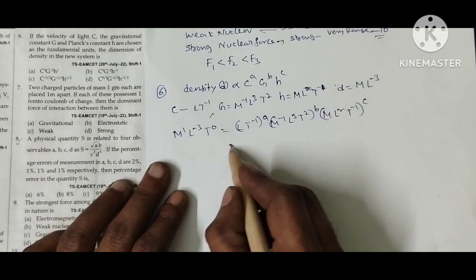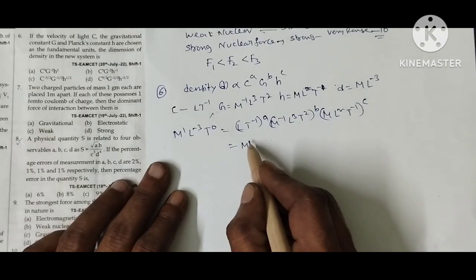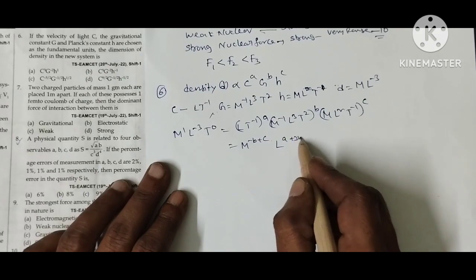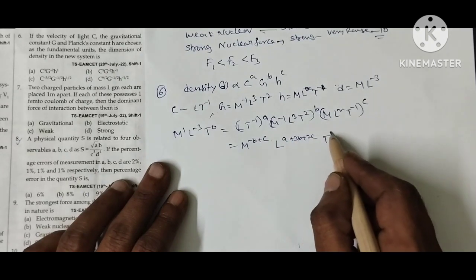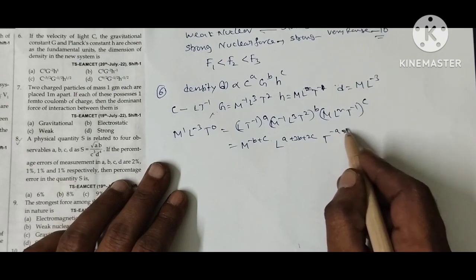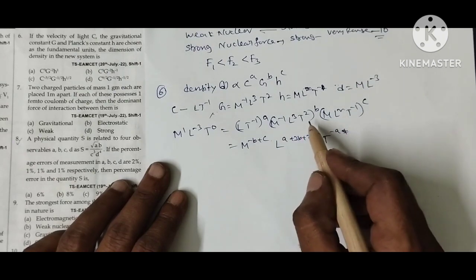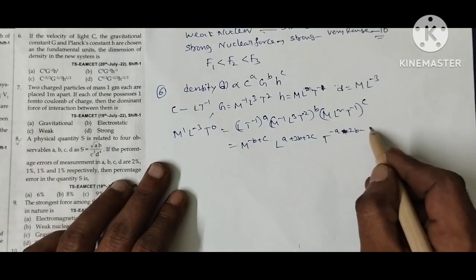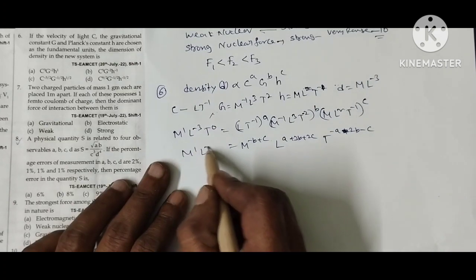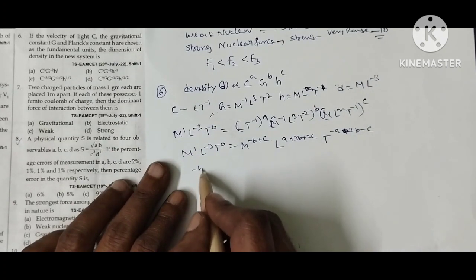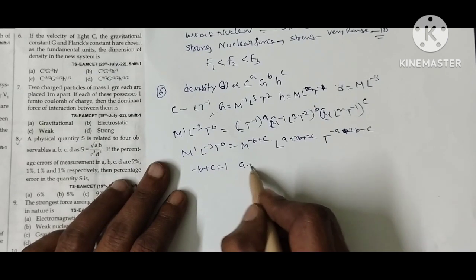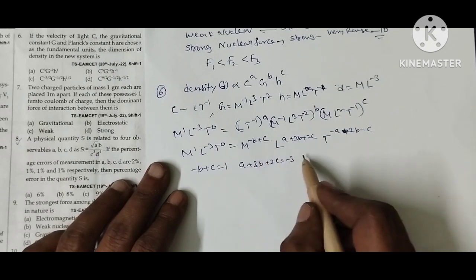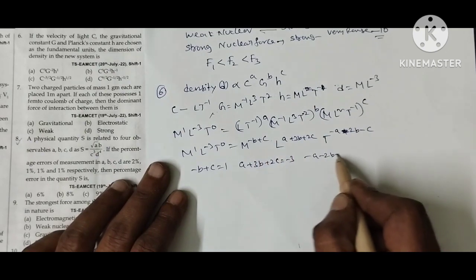Separating in terms of M, L, T: M power minus b plus c, L power a plus 3b plus 2c, and T power minus a minus 2b minus c, which is equal to M L T power 0. Now equating those, you will get minus b plus c is equal to 1, a plus 3b plus 2c is equal to minus 3, and minus a minus 2b minus c is equal to 0.